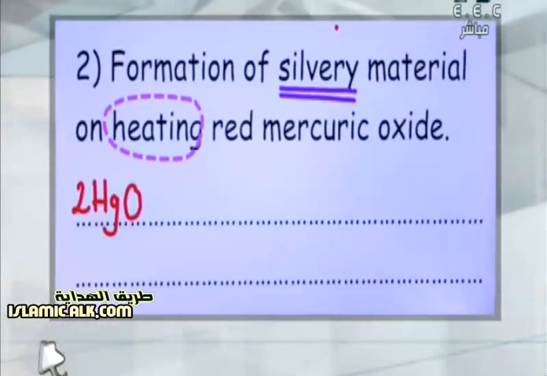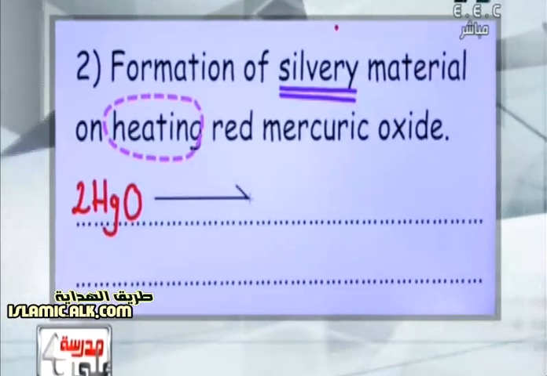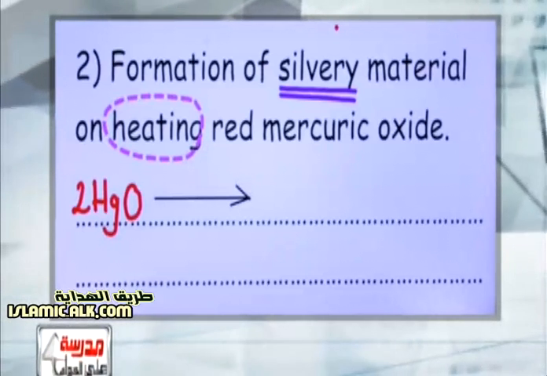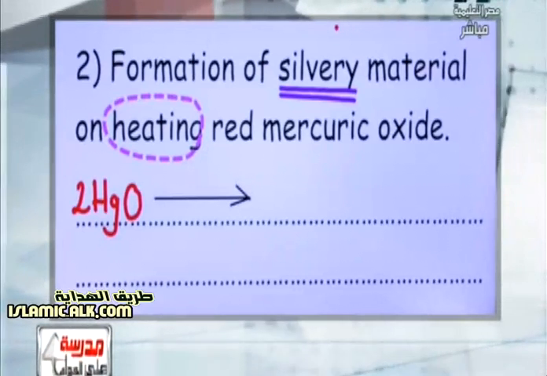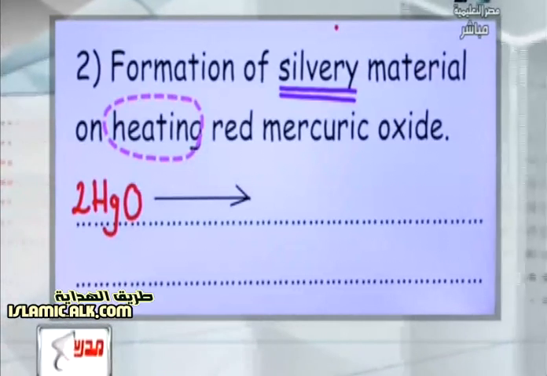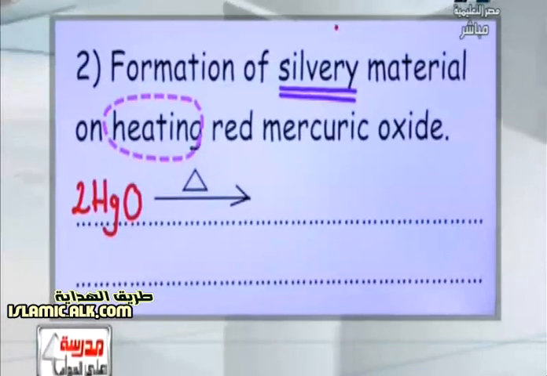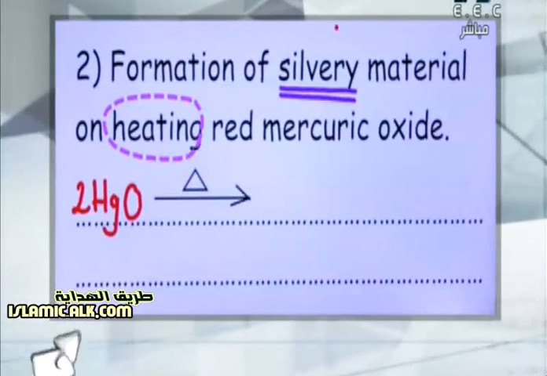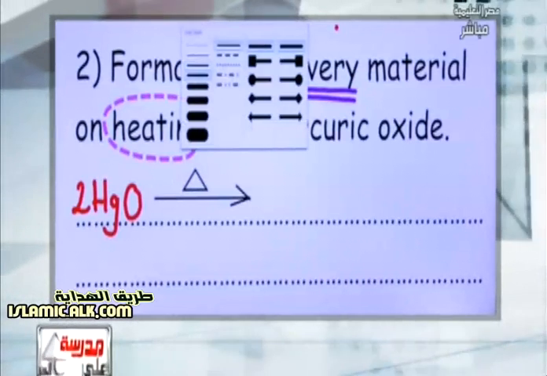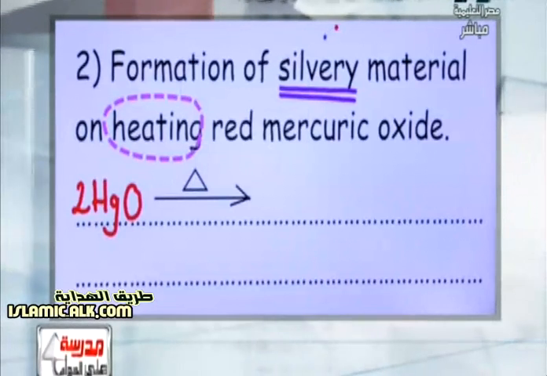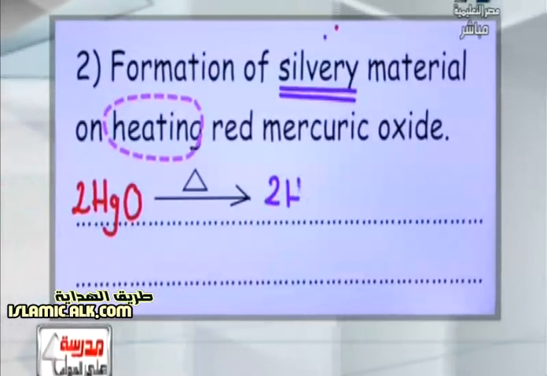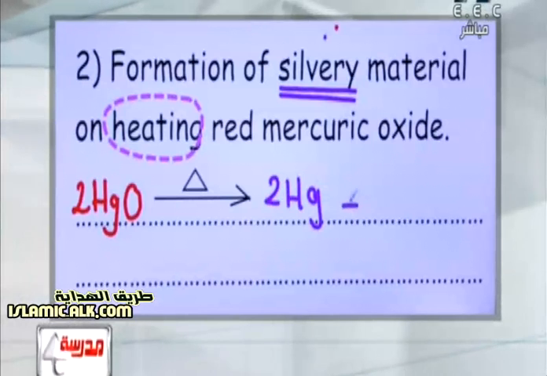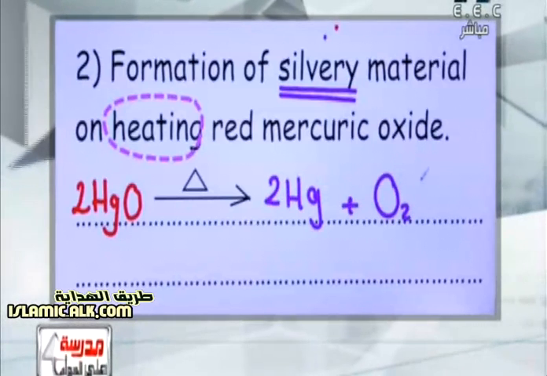So by heating, with the heat symbol, forming what? Yes, forming mercury, and mercury has what color? Mercury has silver color. So 2Hg plus O2 as oxygen gas evolves.